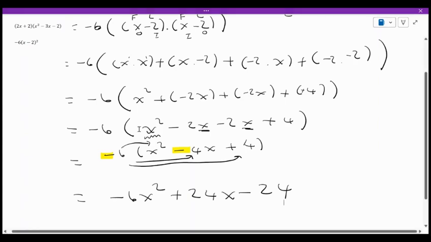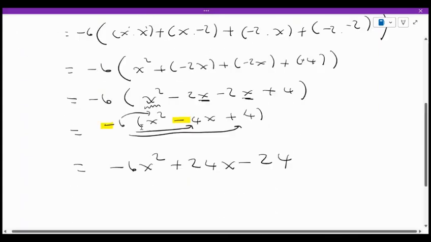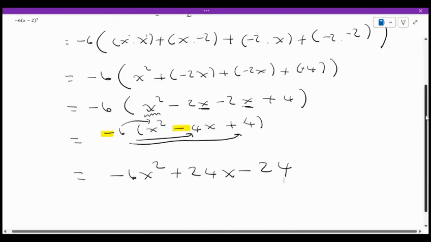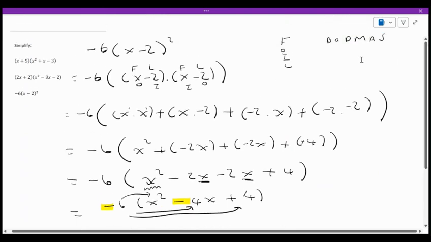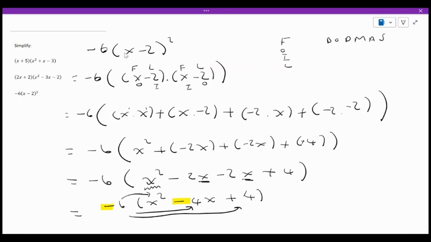And that is how we do trinomials and binomials, and a special case where we're given one bracket and it's squared. We first have to expand it. This is what we call expansion, expanding the bracket, because we know that it's squared.